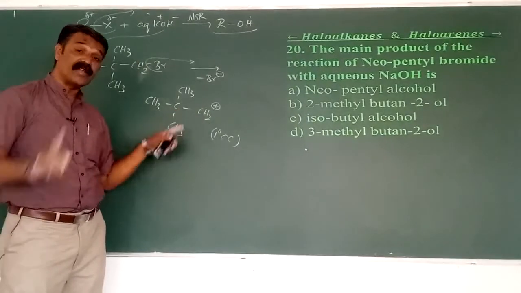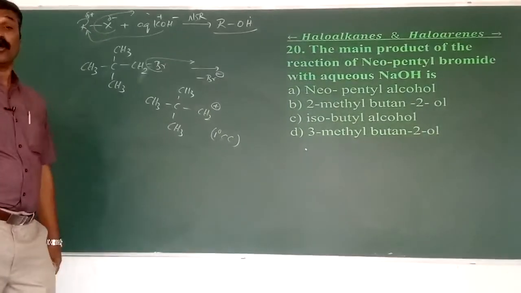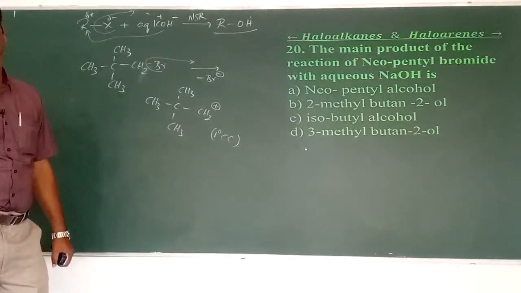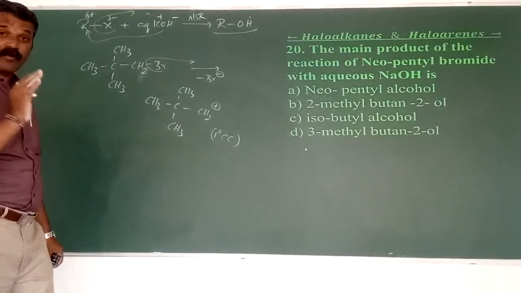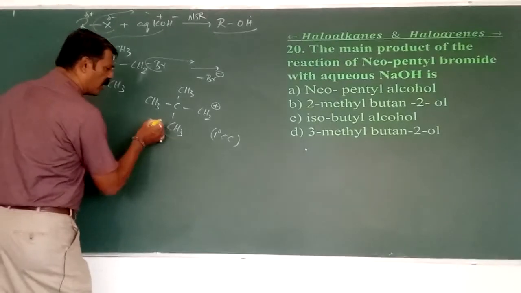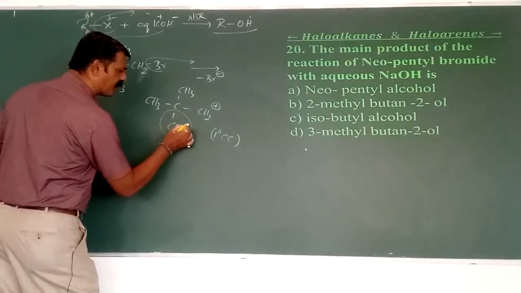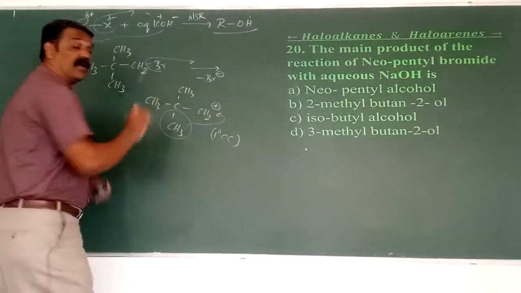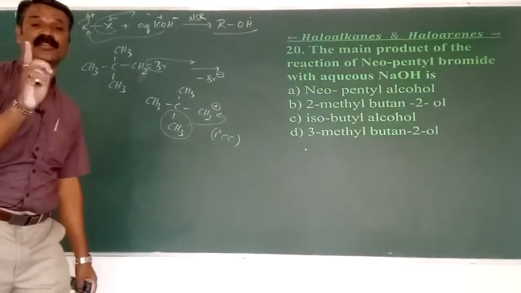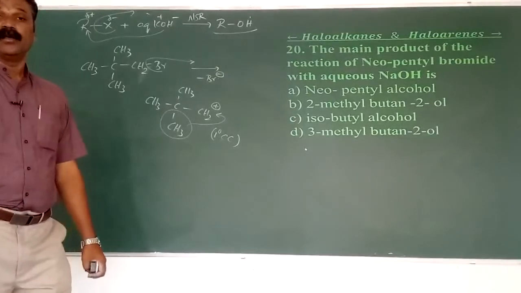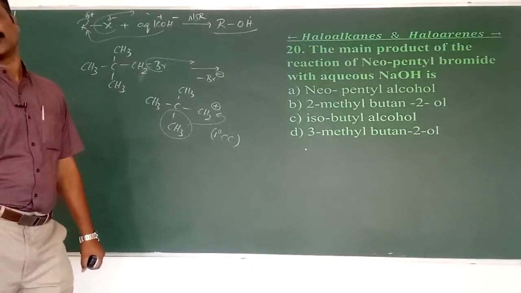A carbon surrounded by only one is called primary. But we know the stability order: tertiary carbocations are better stabilized compared to secondary, followed by primary. That is why, as I already mentioned previously, the stability of a carbocation is improved either by the H minus shift called a hydride shift or the methyl shift, the CH3 minus shift.